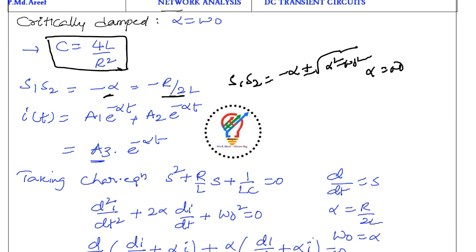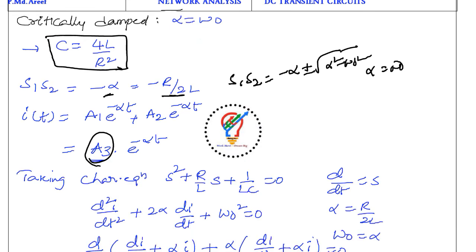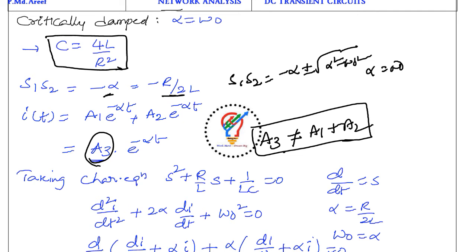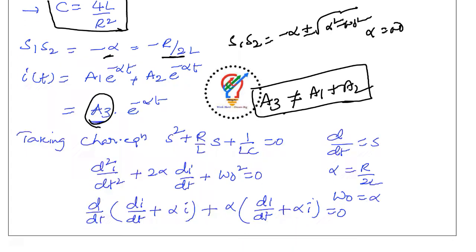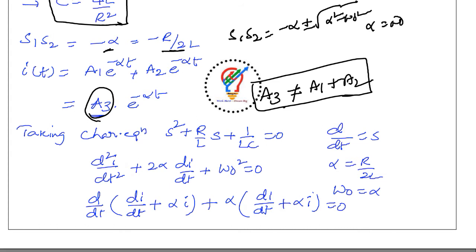Since s1 and s2 are both the same, this is equal to a3 here. So a3 is not equal to a1 plus a2, and we need to find the value of a3. To find it, we take the characteristic equation s square plus R by L into s plus 1 by LC equal to 0 that we got.